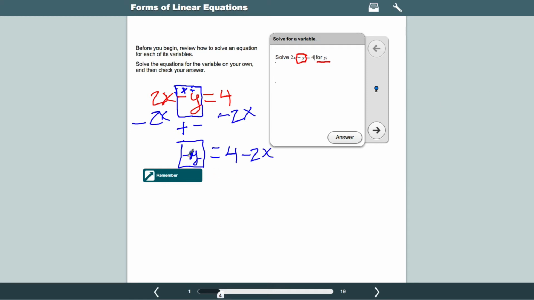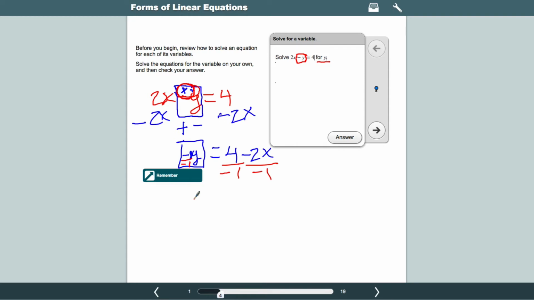So negative 1y. Now I've got to get that y by itself, no negatives or anything else. So now I'm inside the box, and when I'm inside the box, I deal with multiplication or division. So I'm going to divide by -1, and divide by -1, and divide by -1. You divide everything by that -1.